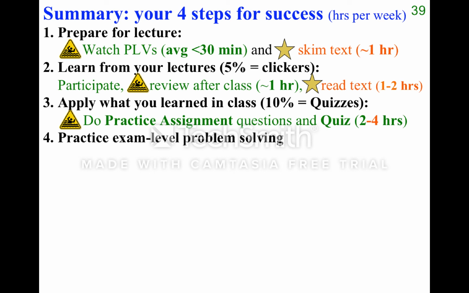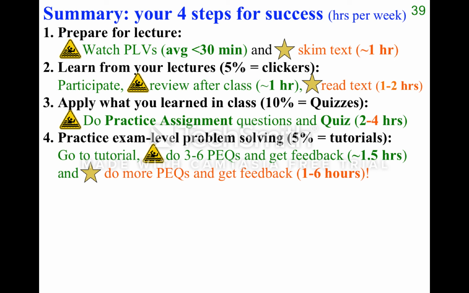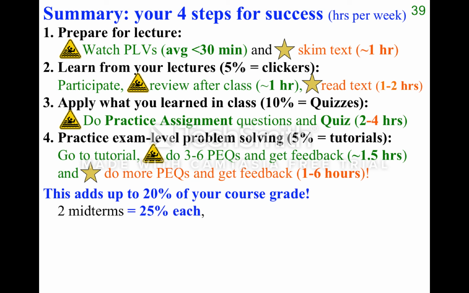Last step is to get ready for the exam. First by going to your tutorials and earning that 5% for participation and attendance. Then after that, working on your own to do some practice questions and to get some feedback from us. All right. So also do as many as you can for optimal learning. All right. So in total, these 4 steps will earn you 20% of your course grade.